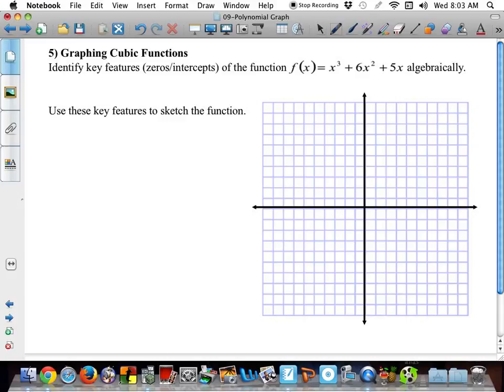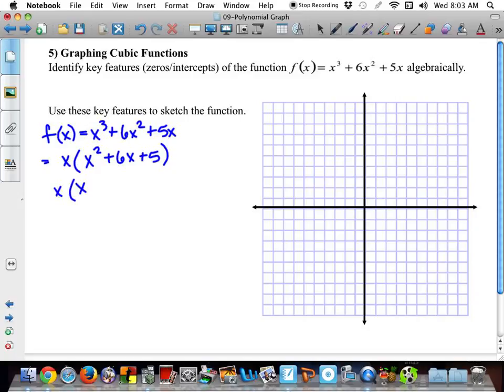So with our function, we are going to factor it like we would normally factor, where my GCF is x. I'm going to factor out an x, so I have x squared plus 6x plus 5. And from here, I have x plus 5, x plus 1 as my factors.